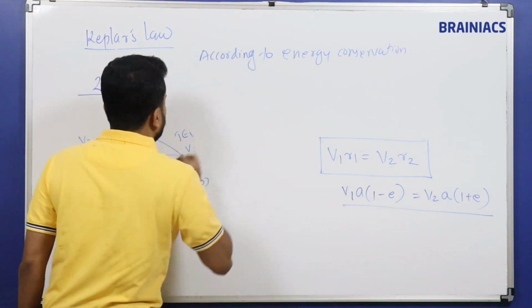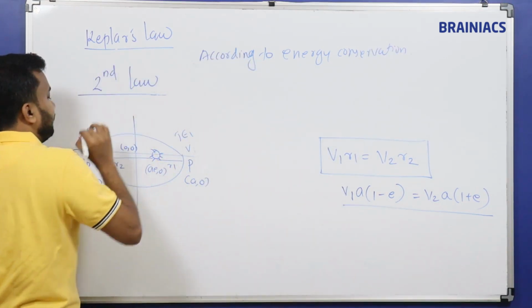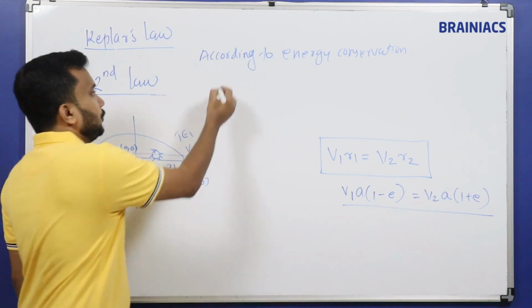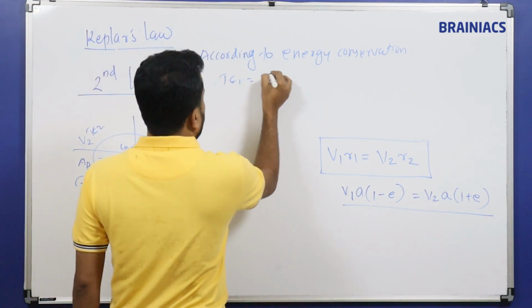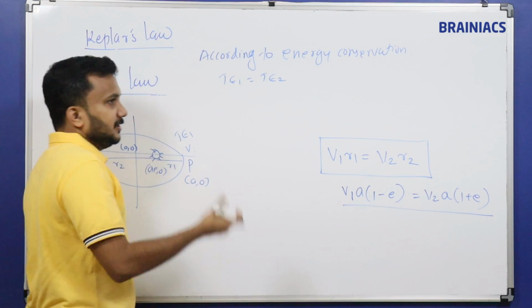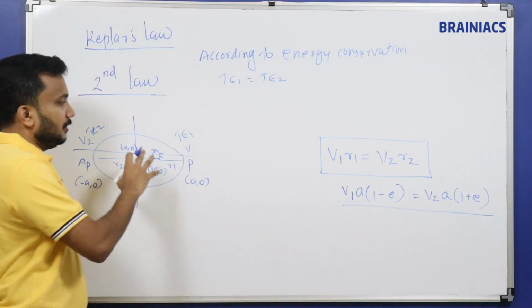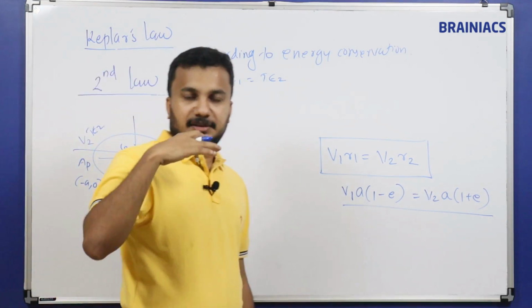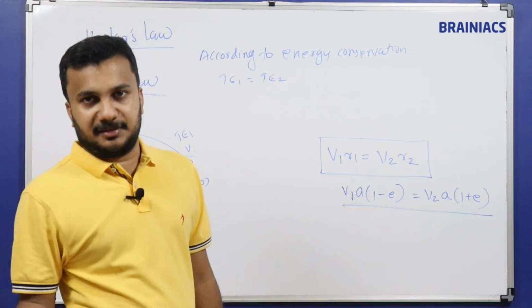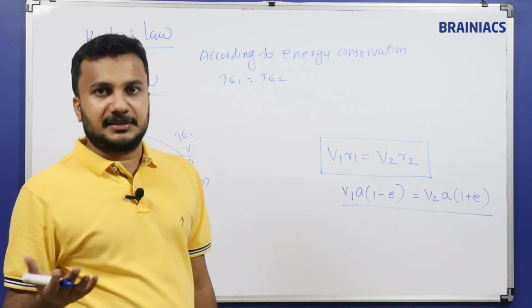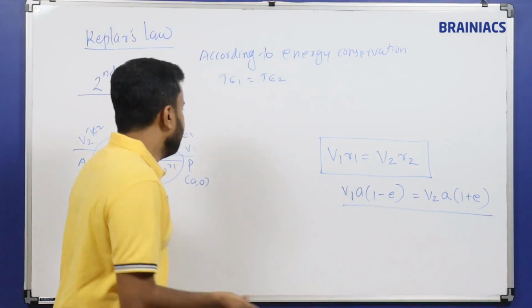So the total energy here is TE1. Total energy at aphelion is TE2. So TE1 equals TE2. What all the energies will be there? It is rotating. Rotating means not on the earth's surface. It's away from earth. Okay, so it has potential energy as well as kinetic energy.